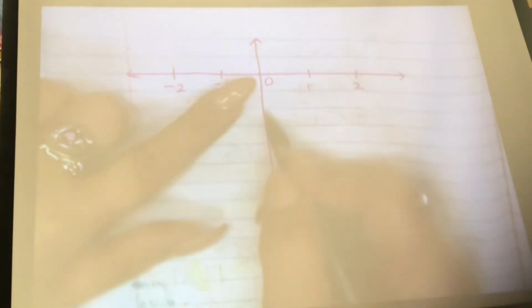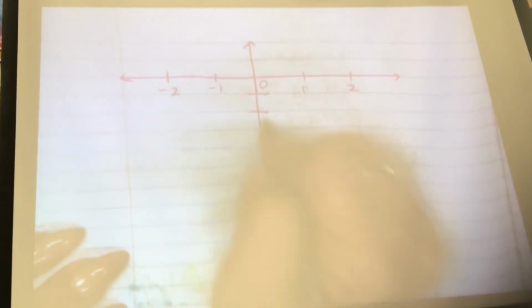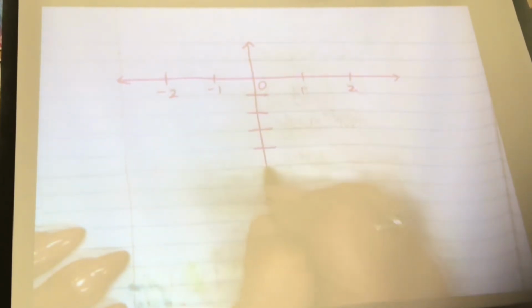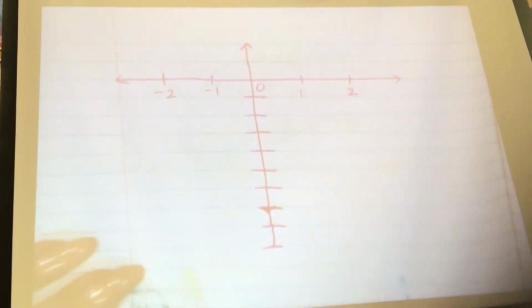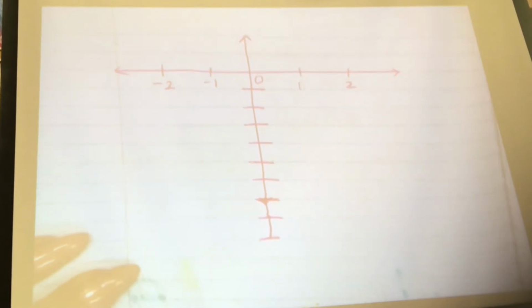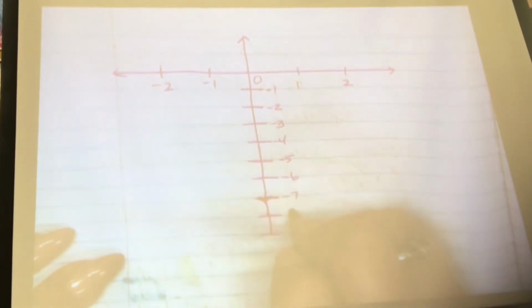Very good. So I got to make sure this goes to -9. Ready? Do it with me. 1, -2, -3, -4, 5, 6, 7. Ooh, I wasn't ready. I guess there was 2 more. I got to go all the way down to -9, because my lowest number was -9. Let's remember that when I ask you about the range of my answers. So this is -1, -2, -3, -4, -5, -6, -7, -8, and -9.